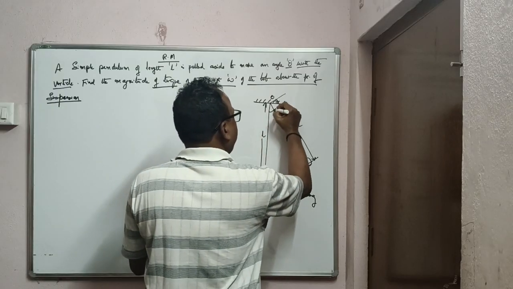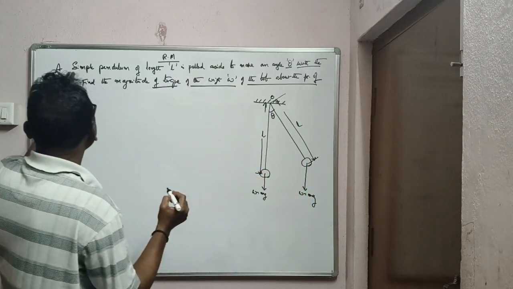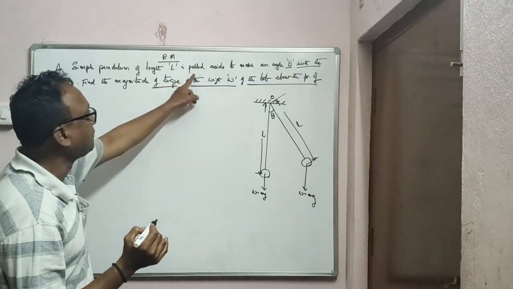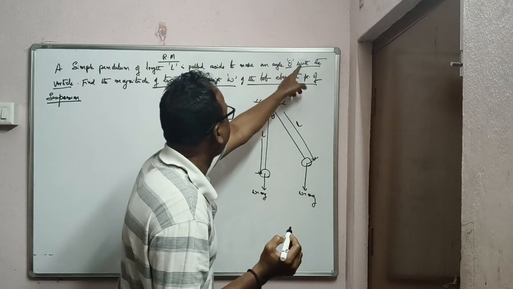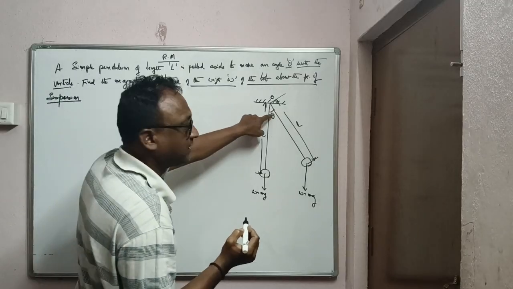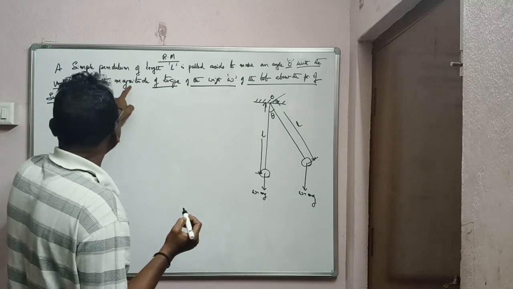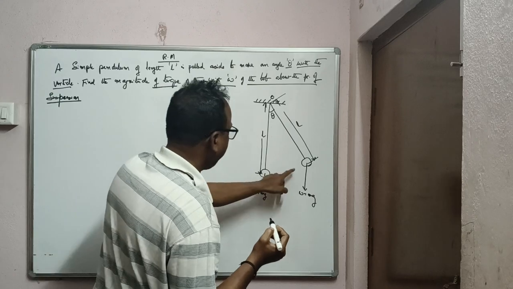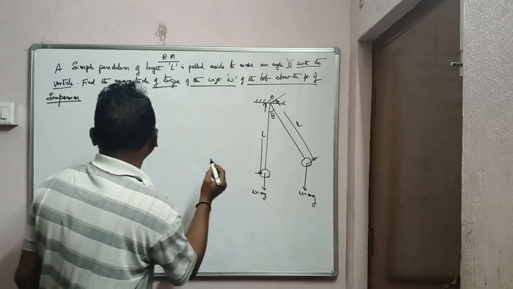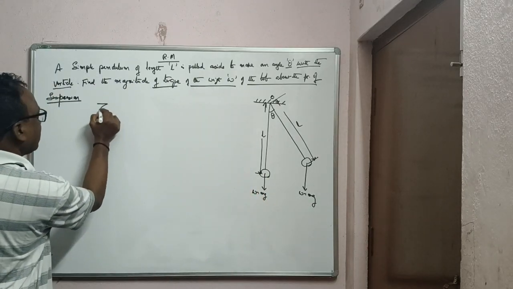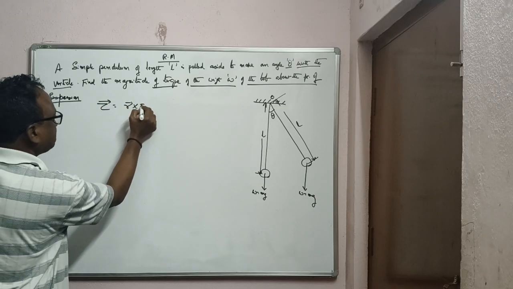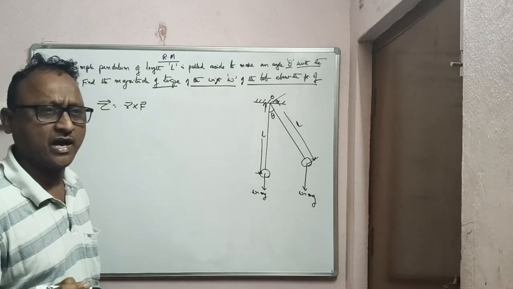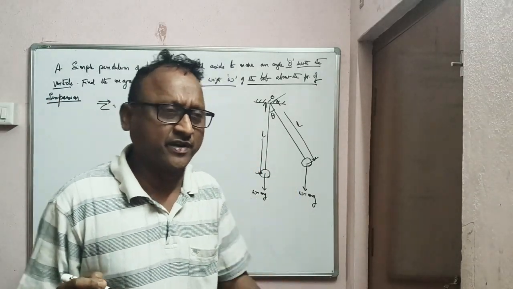Now the angle theta is also given. A simple pendulum of length L, having mass m, is pulled aside, making an angle theta with the vertical. Find the magnitude of the torque of the weight. So what is torque? Torque is a vector. It's given by R cross F or F cross R, depending upon the reference line.